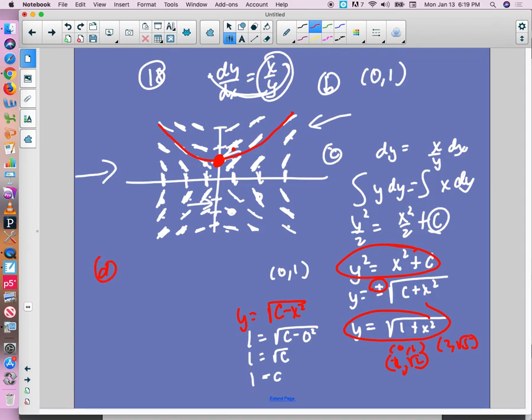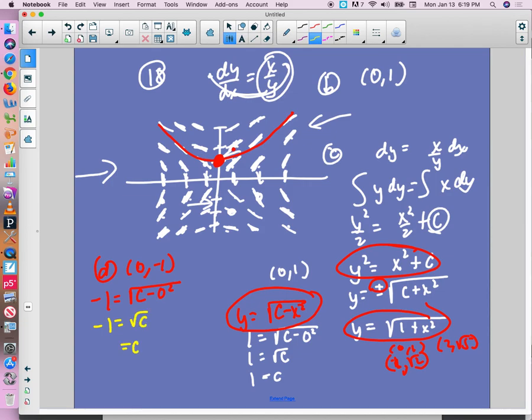find the particular solution that would go through (0, -1). So we are back at the same location, and we fill in (0, -1). So I get -1 equals the square root of c minus x squared, so -1 equals the square root of c.